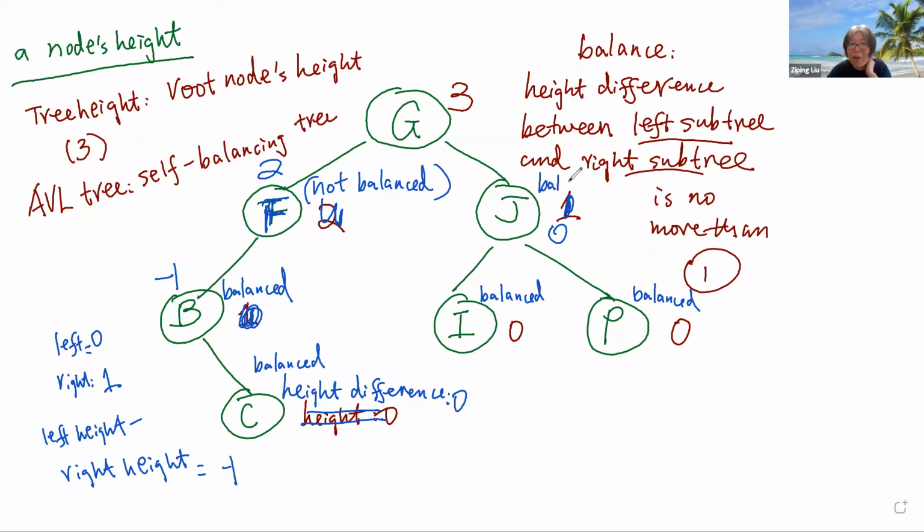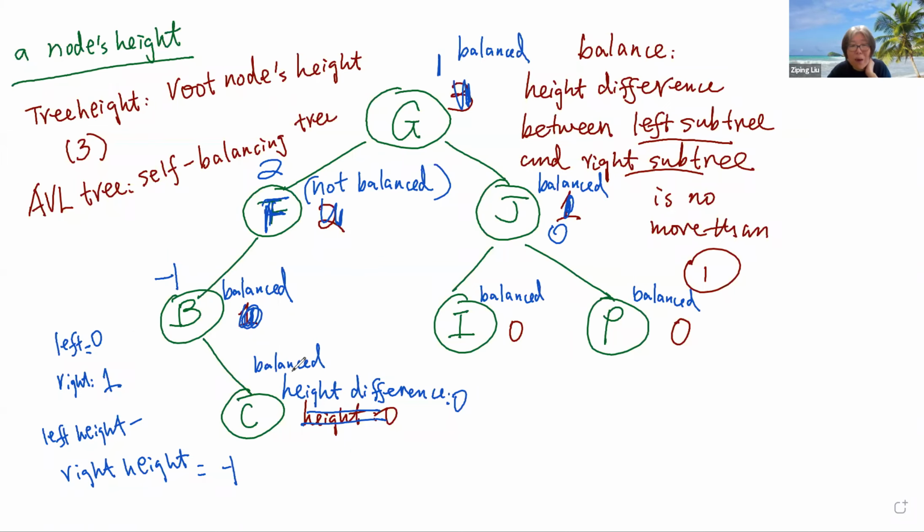So it's balanced. Then how about node G? Node G, the right subtree height is 2 and the left subtree height is 3. So the height difference is 1, so it's still balanced.